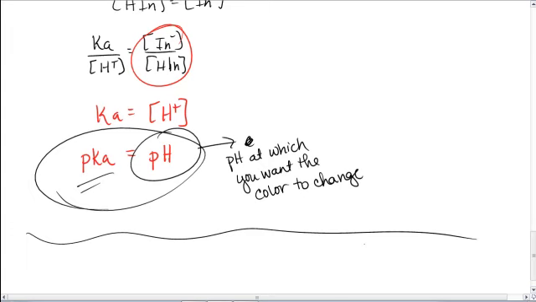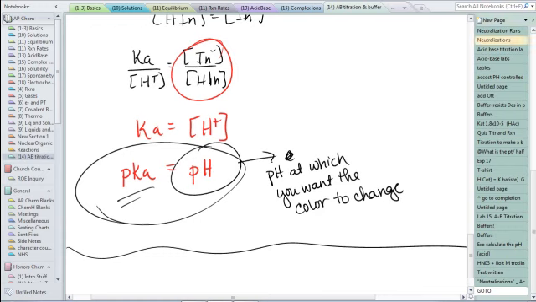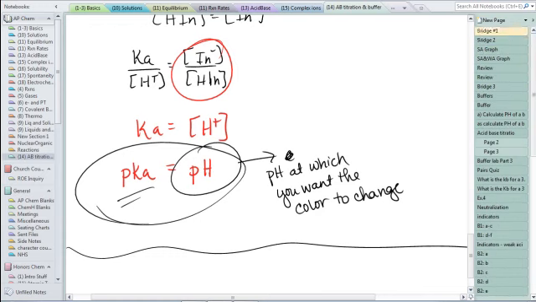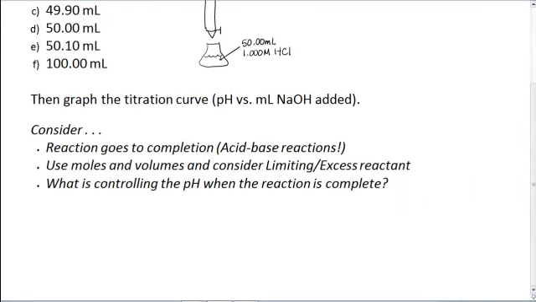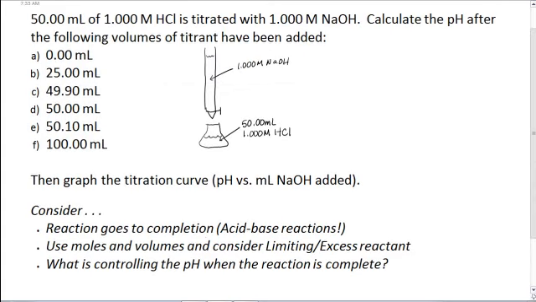All right, so now you've got a job. Okay. So we have this problem. And let me talk it through and I'm going to give you time to copy it down. Here's what you're going to be doing. And we're going to be looking at a variety of titrations as we go. But you're going to do this right in your notebook.